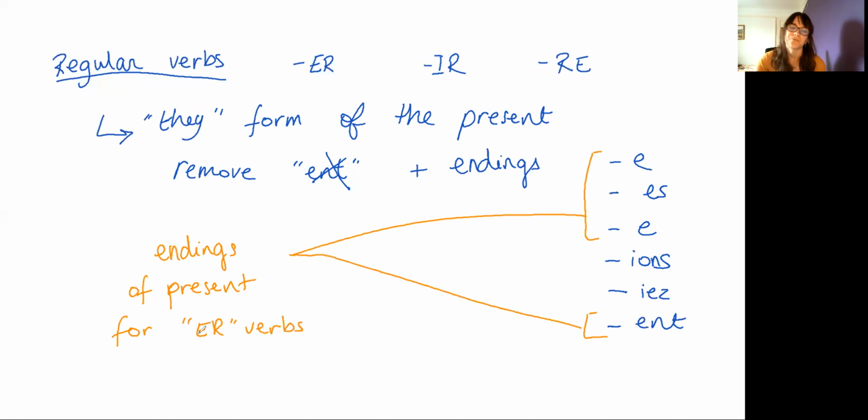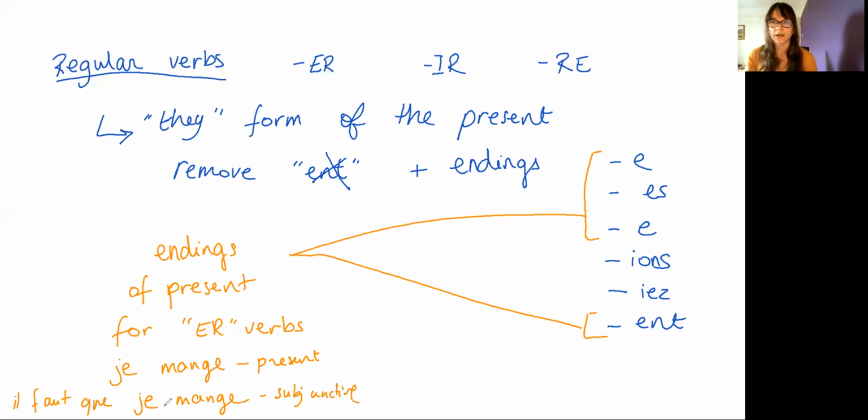For example, remember the present tense for I eat was je mange. And if I'm using it in the subjunctive, il faut que tu manges, it is necessary for you that you eat. Here, il faut que je mange. That will be the same, even though this one is the present and this one is the subjunctive.